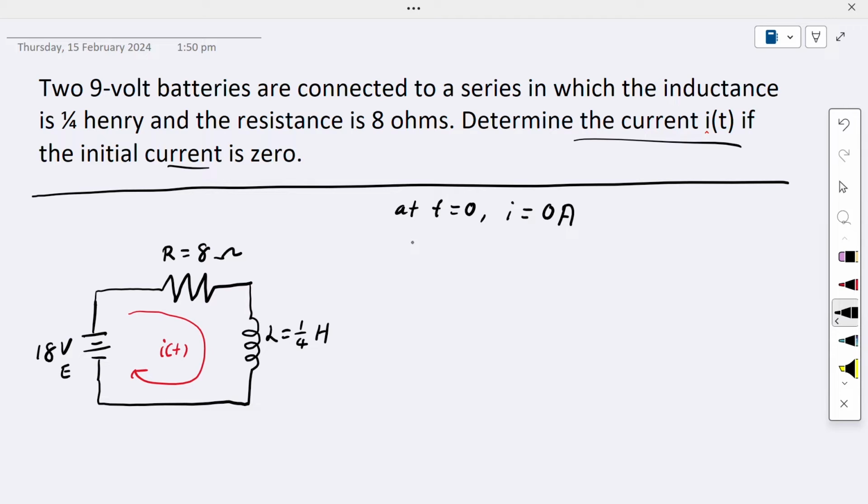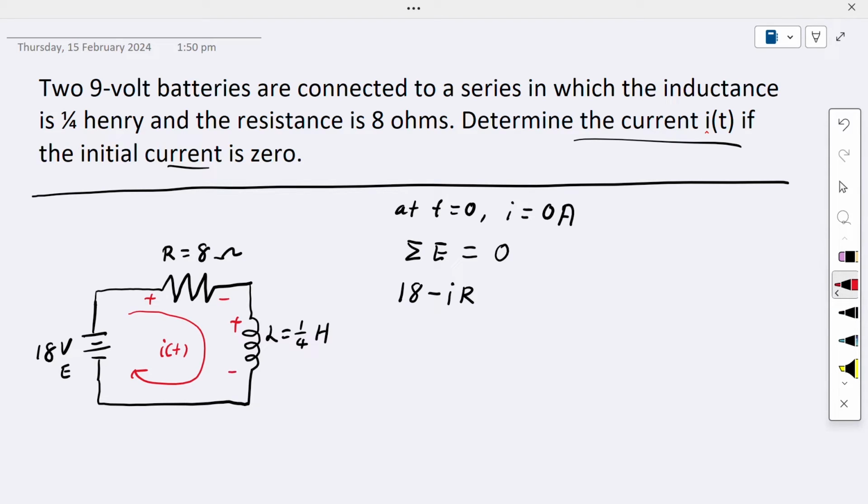Okay, we can write the Kirchhoff voltage law, which is that the summation of the voltage in this closed loop must be equal to 0. So that means we have this supply voltage 18 volt, and then minus the potential drop across the resistor, which is minus IR, and then we have this inductor.